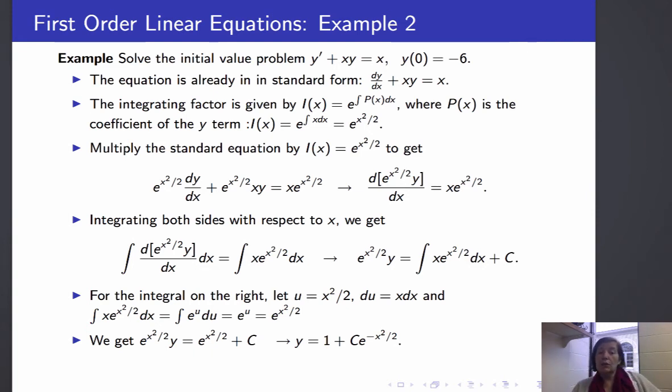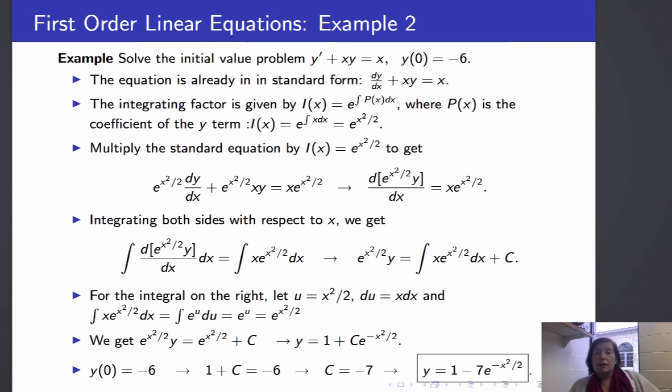And now dividing across by e to the x squared over 2, we get y is equal to 1 plus c times e to the minus x squared over 2, or c over e to the x squared over 2. Now remember, we had an initial condition: when x is 0, y is minus 6, so y of 0 equals minus 6.